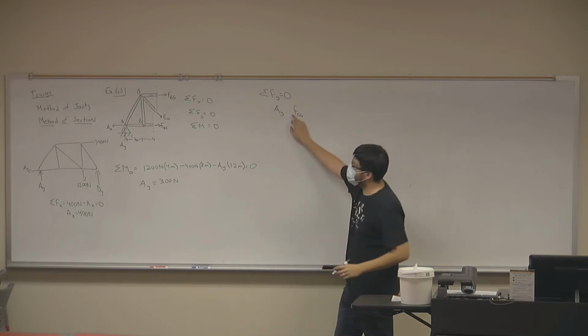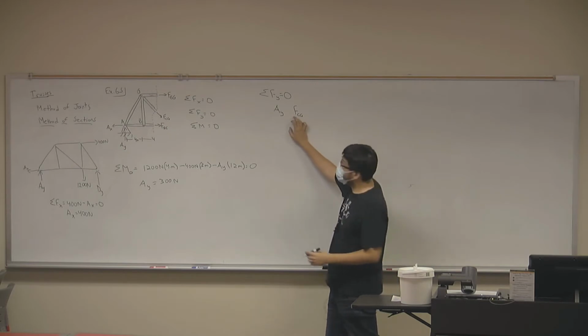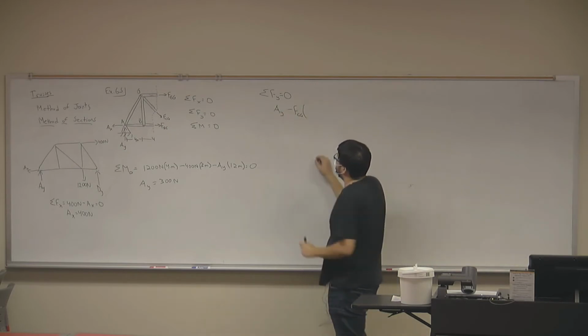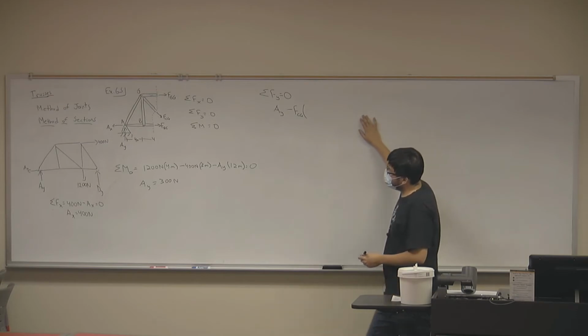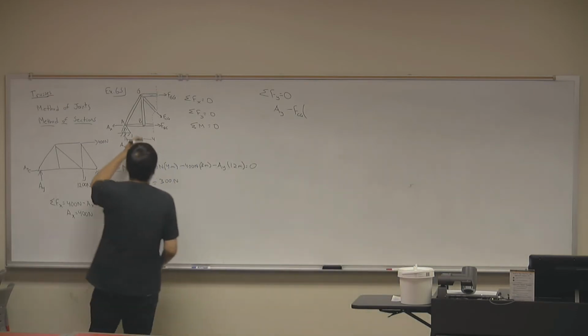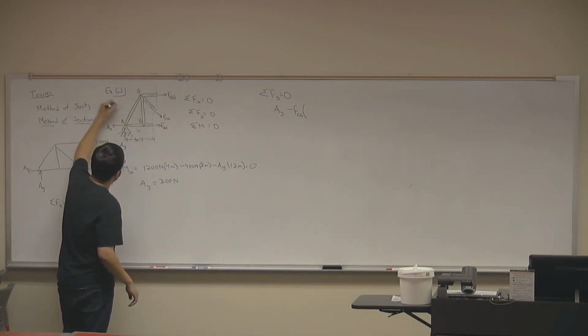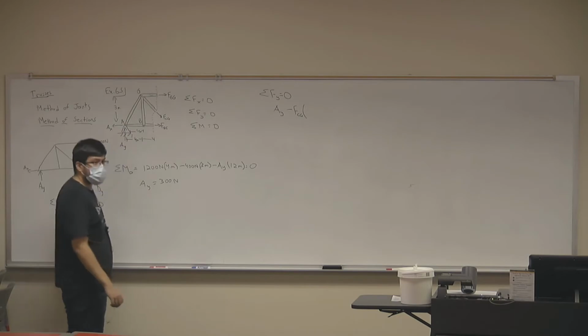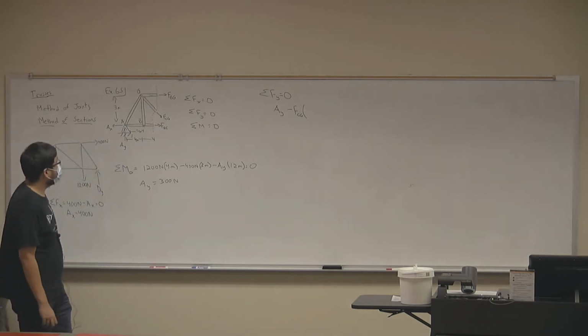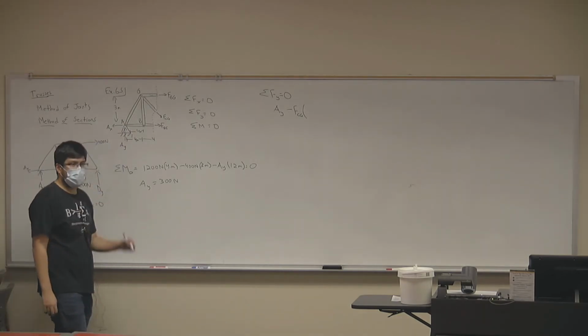First off, is that going to be positive or negative? Negative, right? And what's the component of FCG? Remember, for each of these beams, we have 4 in the horizontal, 3 in the vertical meters. So it's a 3, 4, 5 triangle. Yep. So in the y direction, what's that slope?